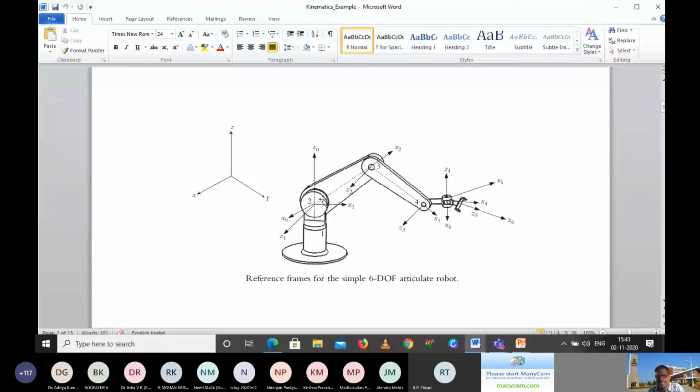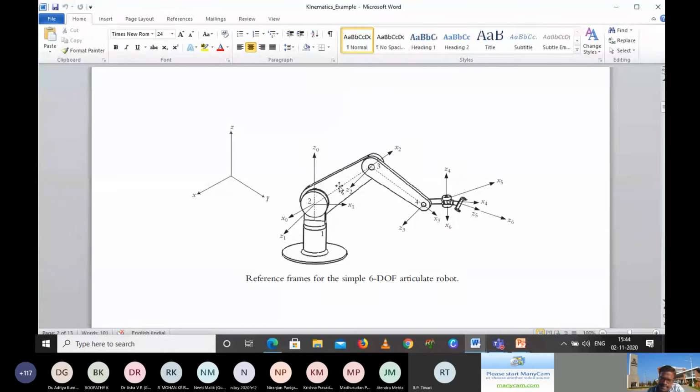Then the second link is this one. This joint is not parallel to the first joint, so automatically the rotational axis will change. You can see that the rotational axis is Z1, and the corresponding X component is different, X1.